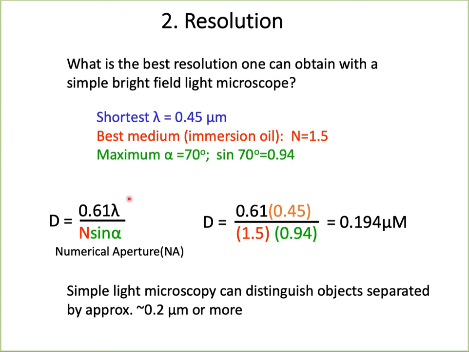So if you put all these values into the formula, the result is 0.194 micron, or approximately 0.2 micrometer or micron. So this is the resolution of a light microscope. Anything smaller than 0.2 microns will appear as one object when conducting simple light microscopy.